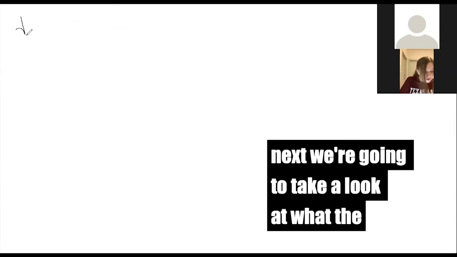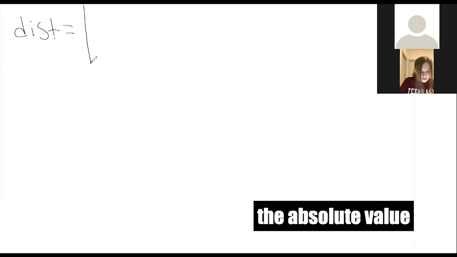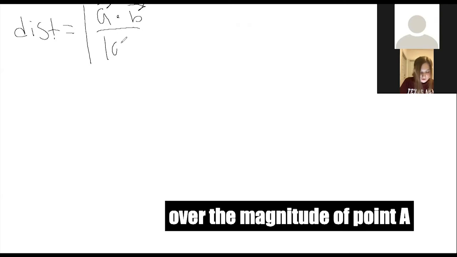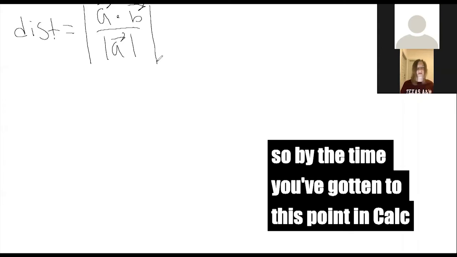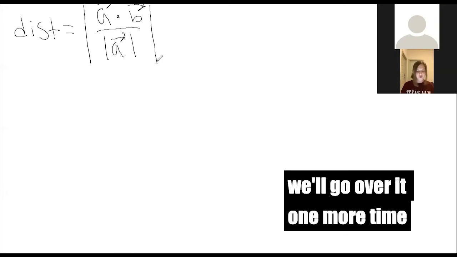Next, we're going to take a look at what the distance equation is. So the distance equation is the absolute value of the dot product of A times point B over the magnitude of point A. By the time you've gotten to this problem in calc, you've definitely learned how to do the dot product and magnitude. Just in case you forgot, we'll go over it one more time.